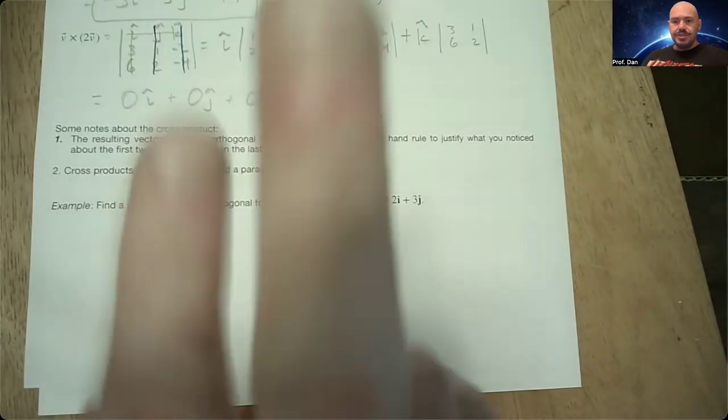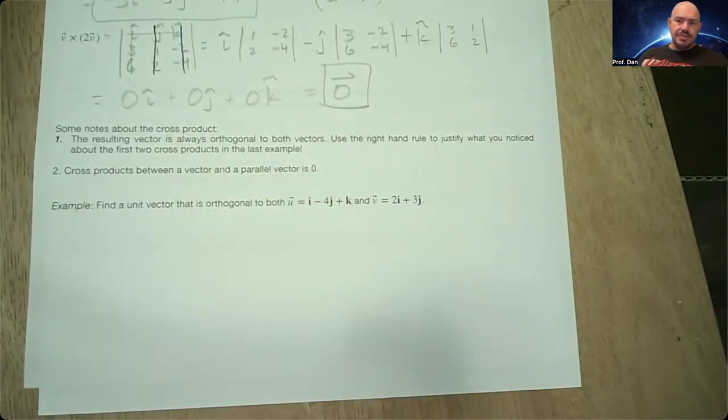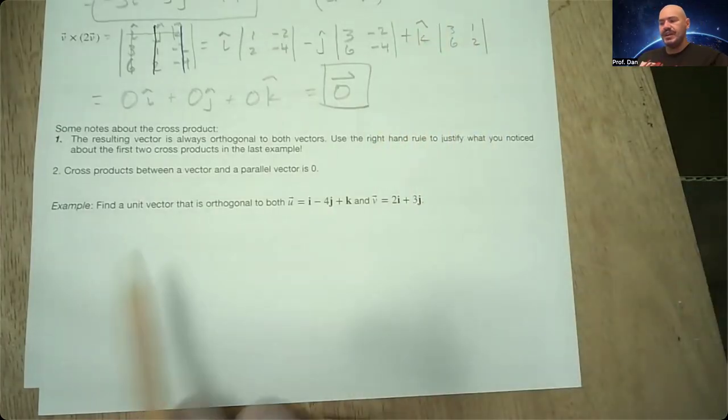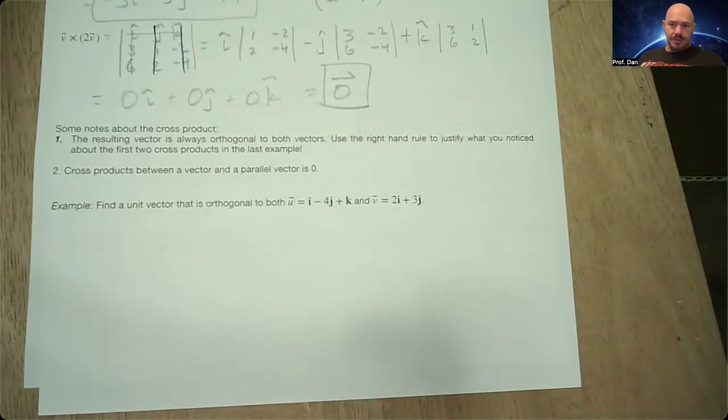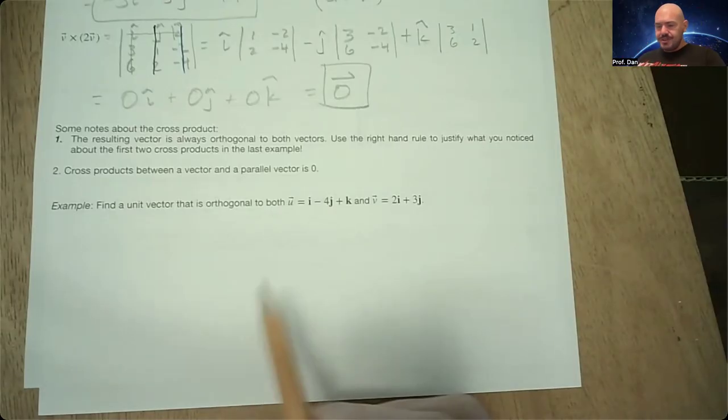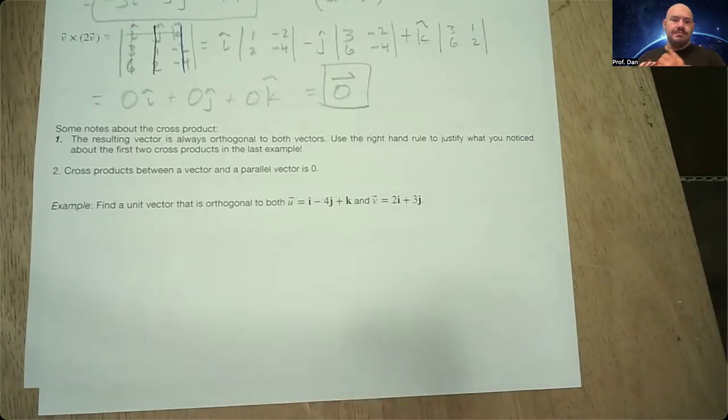Basically, if you switch the order of the cross product, you negate the answer. And then lastly, if you cross a vector with any multiple of itself, including 1 times itself, you end up getting the 0 vector, which corresponds to literally just a point.